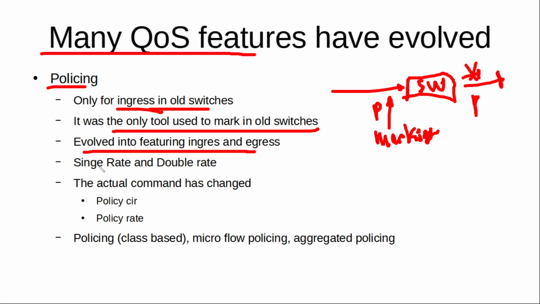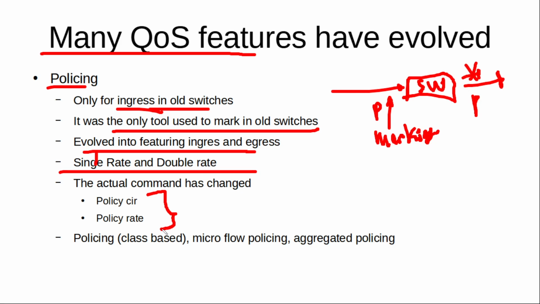We had single rate and double rate policing. Some commands have stayed over the years and they mean the same. That is one of the questions that many network administrators have: why can I set up policy using zero? Why can I set up policy using rate?